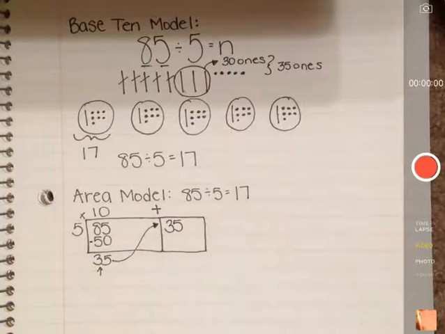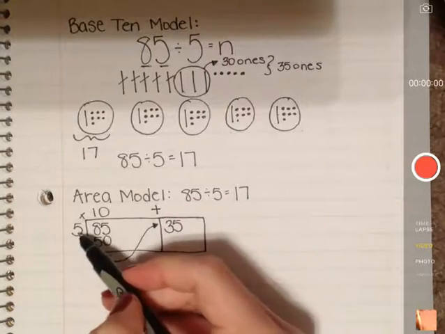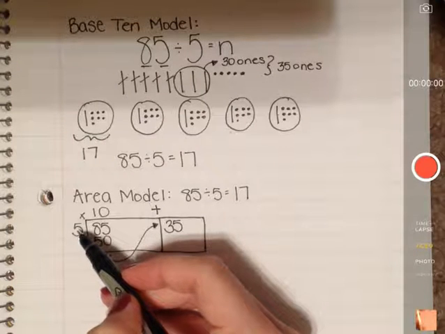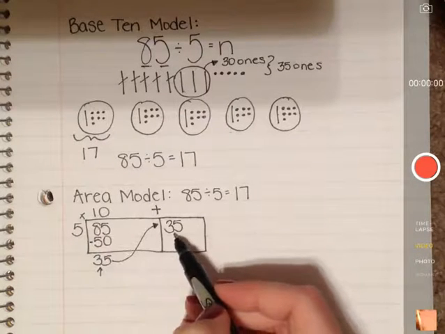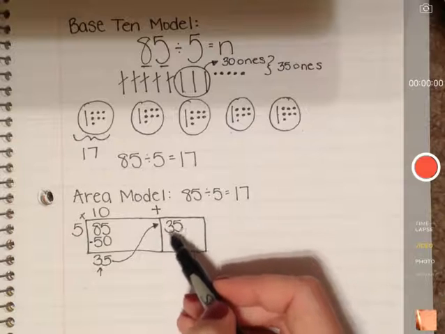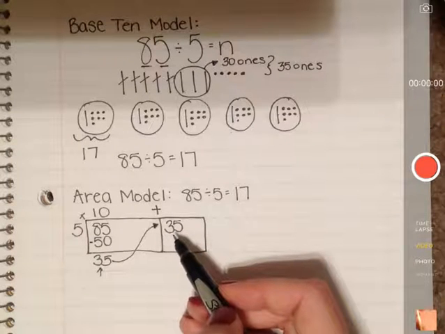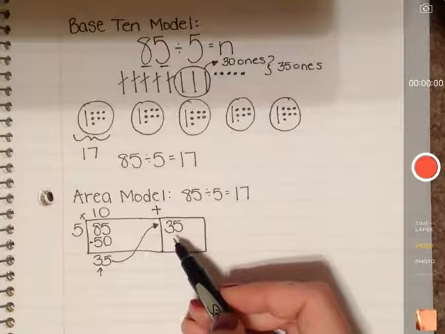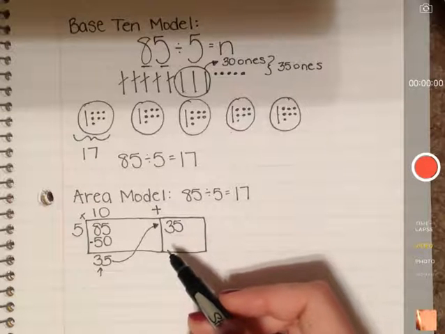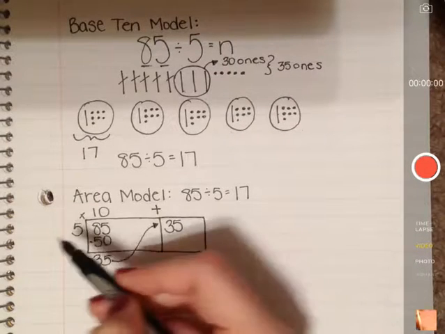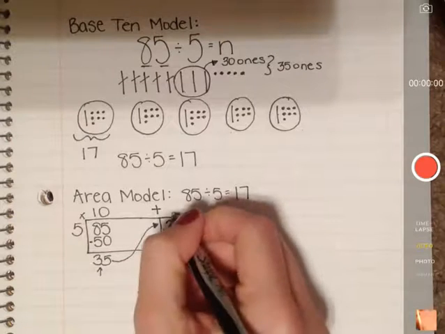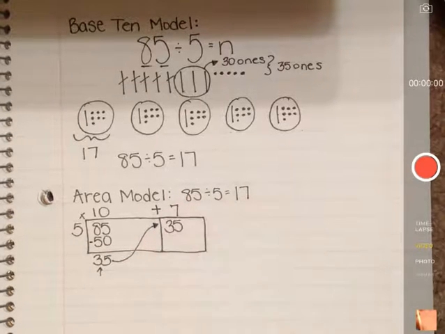And then again, I say to myself, what is an easy number that I can multiply 5 by that is going to get me close to the number 35 without going over? Because I know my multiplication facts, I know that 5 times 7 is 35.